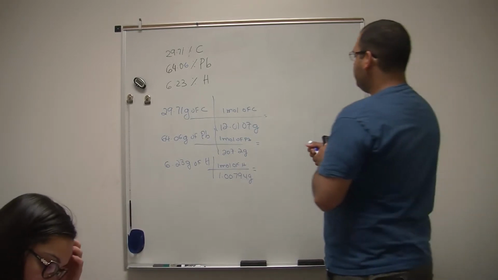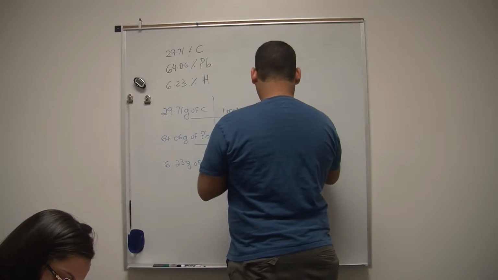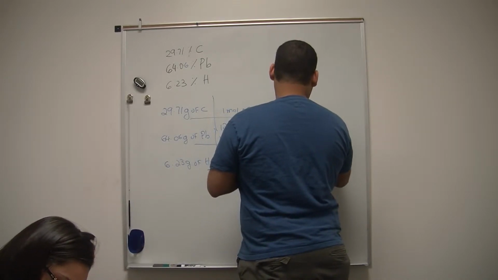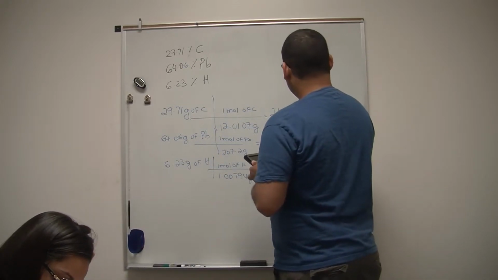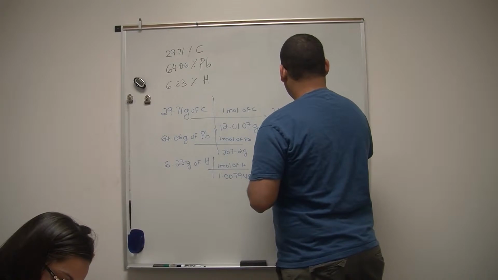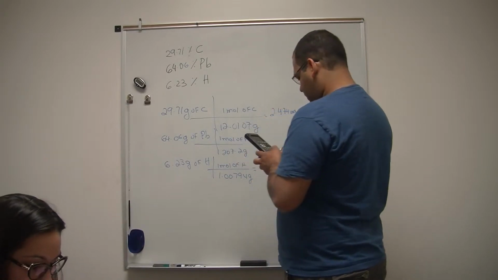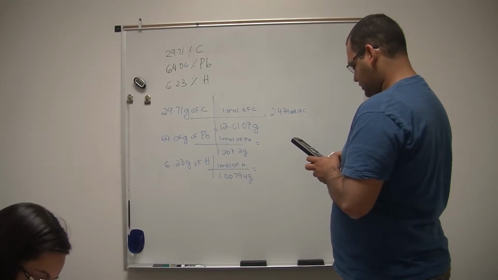What did you get for the first one? 2.473 moles, or 2.47 if you round. Yeah, let's do 2.47 moles of carbon. What did you get for the second one?